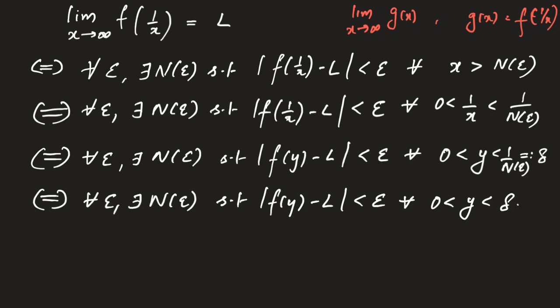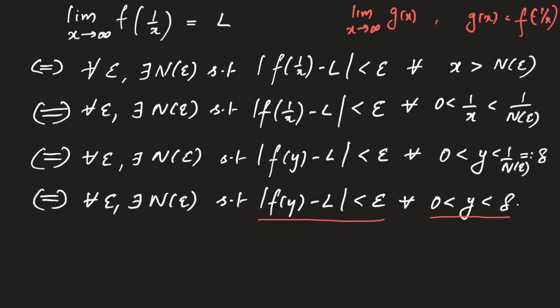Let us try to understand this statement a little better. What this intuitively means is that when y is close to 0, then f of y is close to L. However, y is not just close to 0, it is also greater than 0. So it's close to 0 but greater than 0.